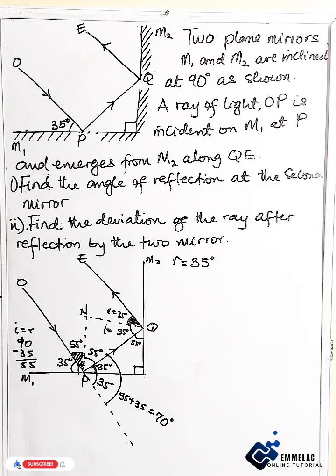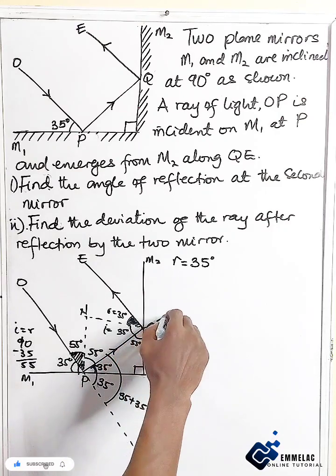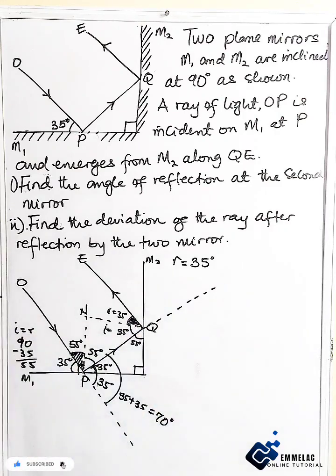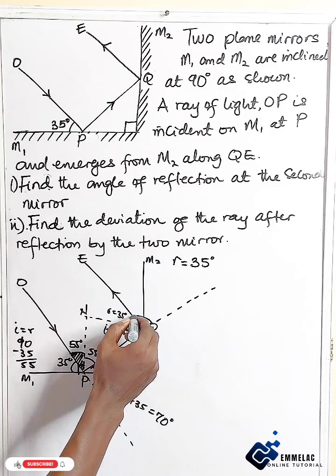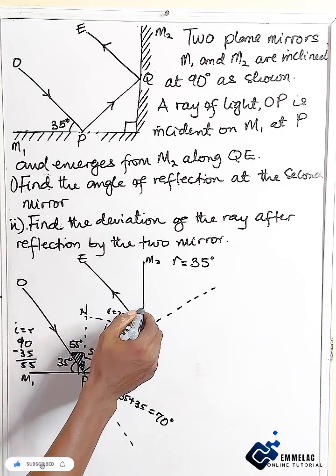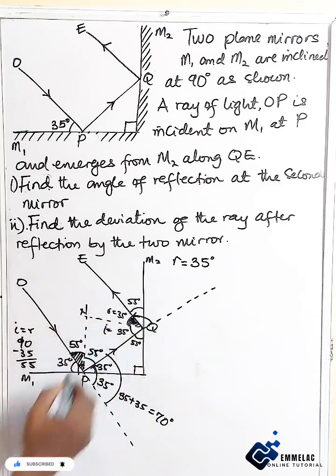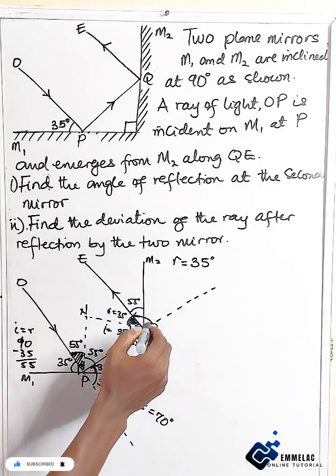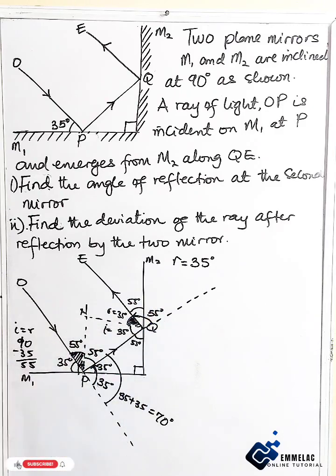The deviation here also will come over like this. At this point, the deviation from here will be from here down to this part. If here is 35, definitely here will be 55, and here also will be 55.